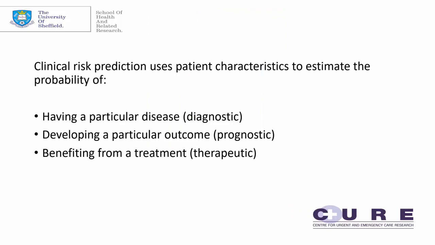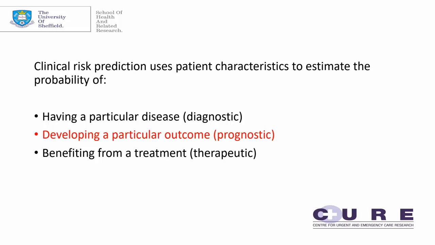So, as I said, clinical risk prediction uses patient characteristics to estimate the probability of having a particular disease, developing a particular outcome, or benefiting from a particular treatment. In today's presentation, I'm going to focus on the middle one here, the prediction of developing a particular outcome.